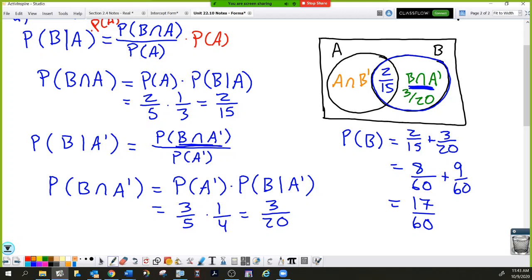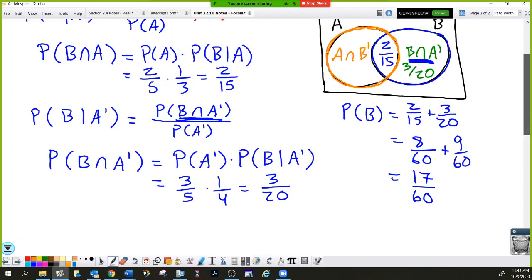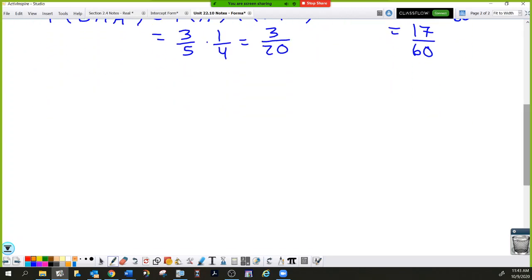Alberto just said, does the 2/15 count as part of A? I said, absolutely. So since the 2/15 is part of A, and you know that A is 2/5, you just do 2/5 minus the part that was already given to you. So it's 2/5 minus 2/15.